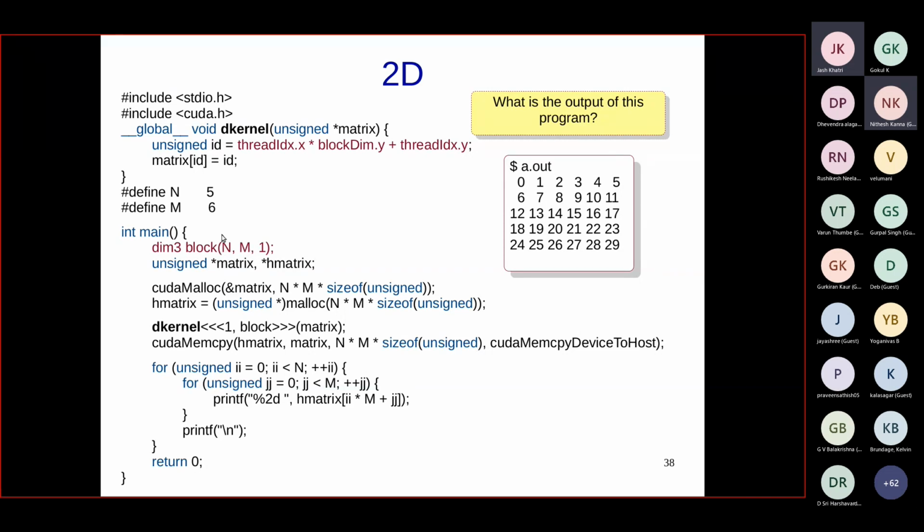So it's not the number of threads, it's the dimension that you are specifying here. The number of threads is 30, right? But block dim.y will give 6. So 30 and 6 are not the same. So the number of threads and the dimension are different things. Dimension is something that we specify as a programmer, and threads are also specified by us, but both things are different is what I'm trying to say.